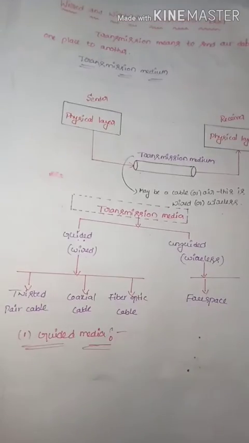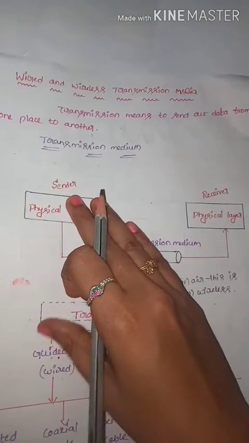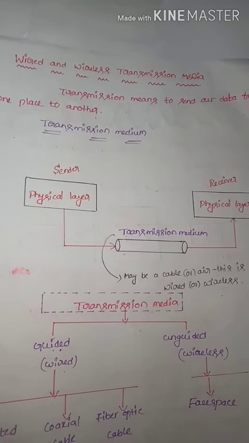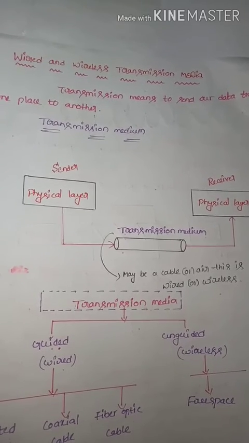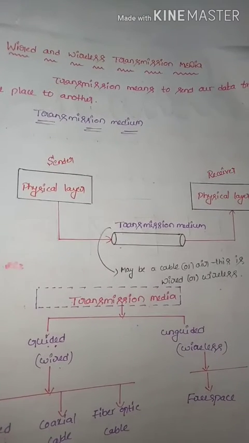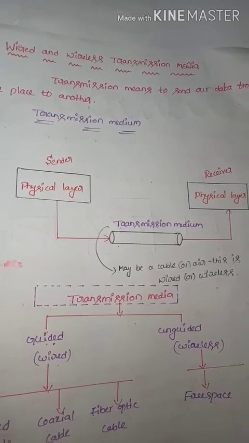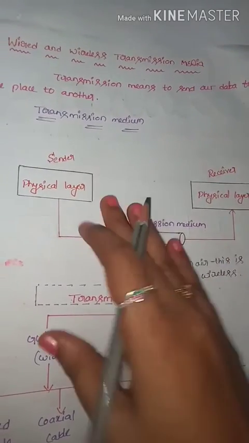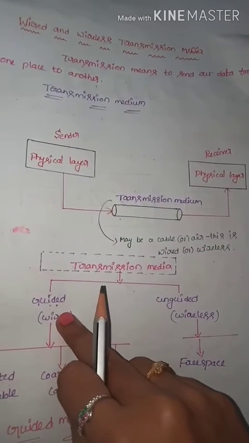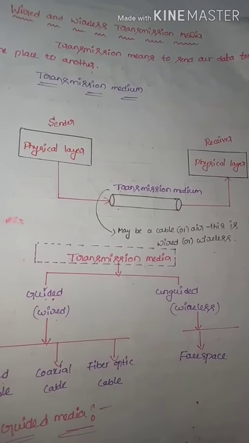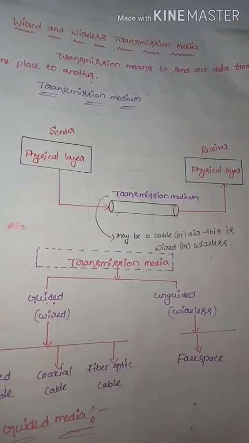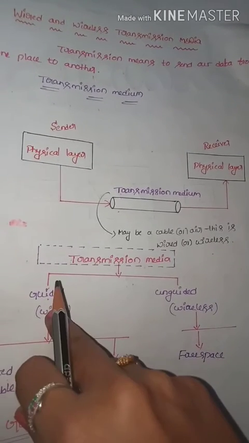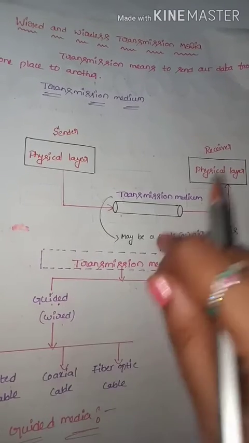First, guided media. One more thing: to select any transmission media in a communication, the following factors are to be considered: transmission rate, cost and ease of installation, resistance to environmental conditions, and distance. Guided media provide a conduit, that is, a pipe for the flow from one device to another, and include twisted pair cables, coaxial cables, and fiber optic cables.